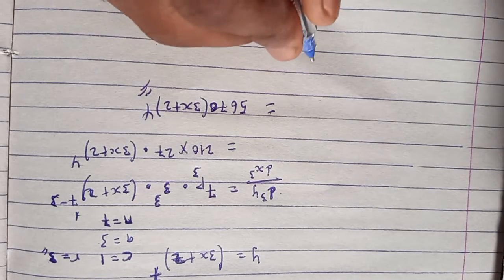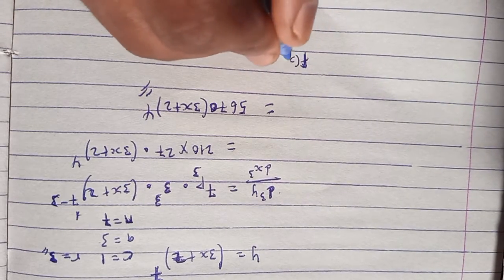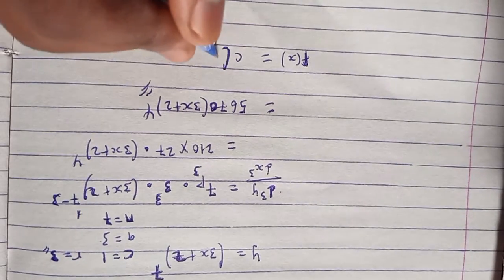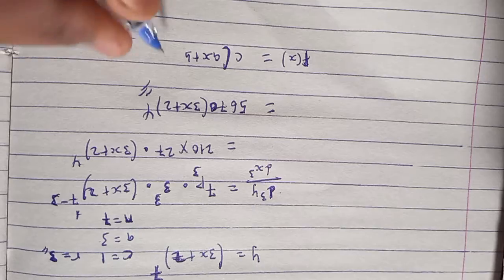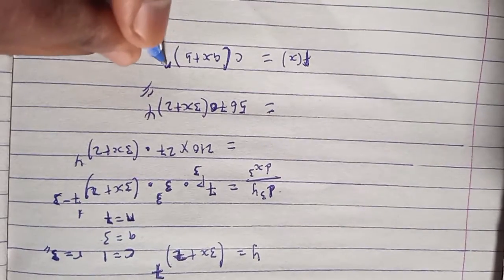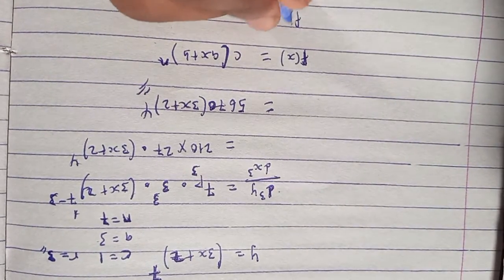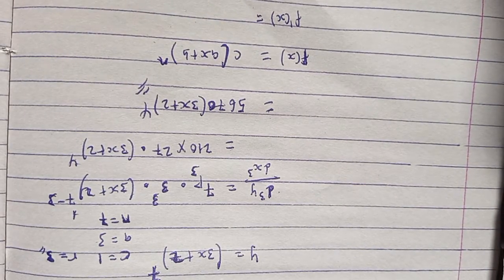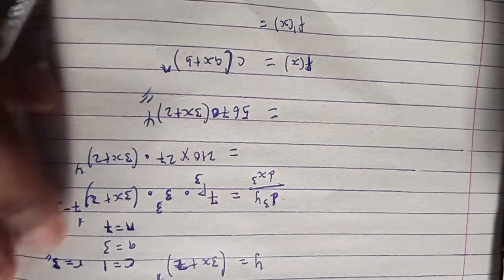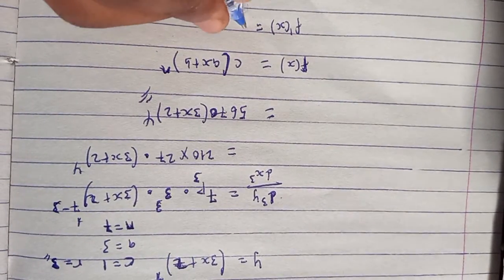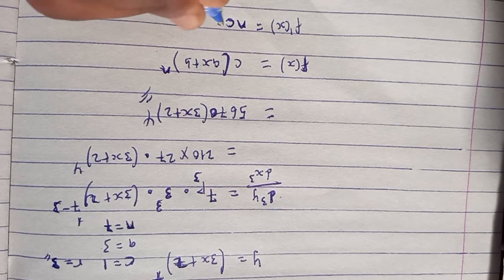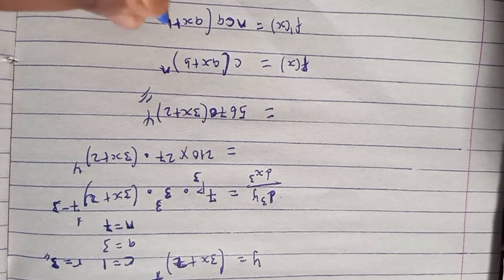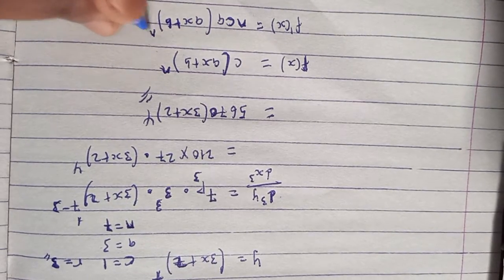Now, when we have something like f of x is equal to that same function c multiplying by ax plus b all power n, and you find the first derivative, this one needs the chain rule. When you use the chain rule, as I taught you earlier on in the first videos, you will get n multiplying by c multiplying by a, then into bracket ax plus b, bracket close, power n minus 1.